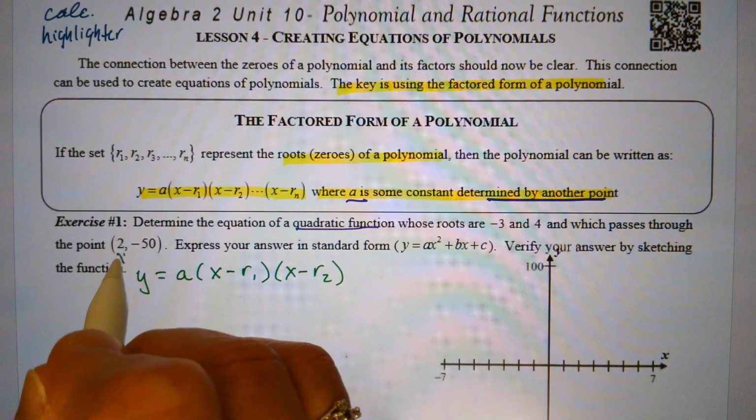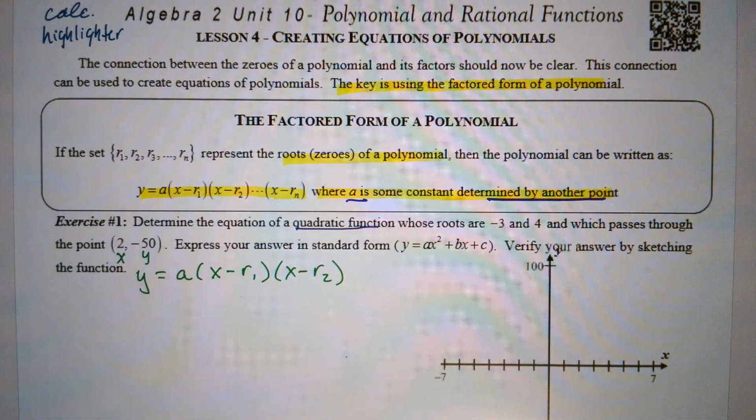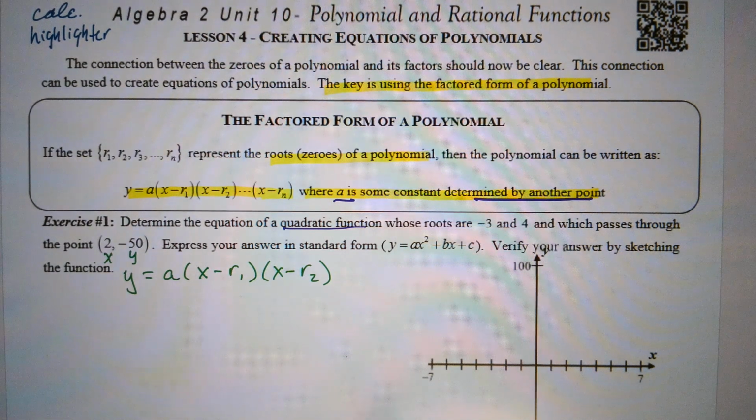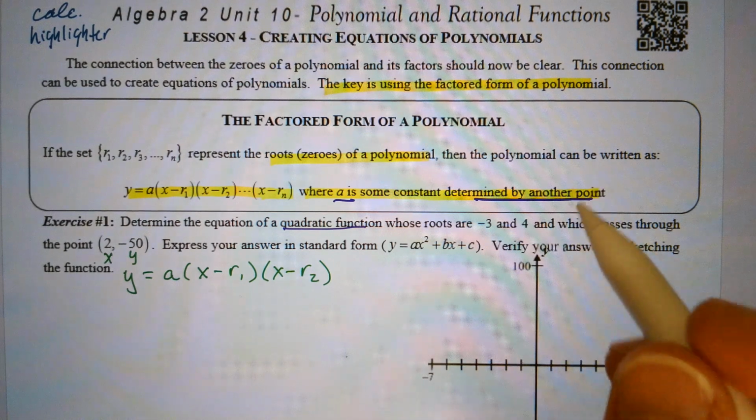The point is x, y: x value 2, y value negative 5. We first substitute the roots and then substitute the point.